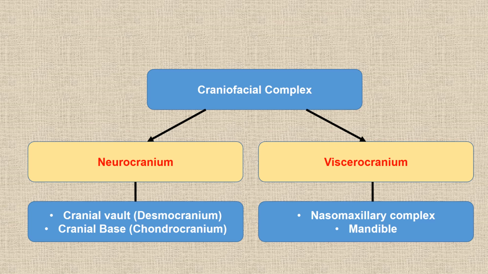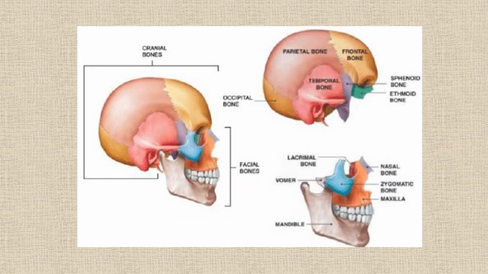The Viscerocranium consists of the Nasomaxillary complex and the mandible. Here is a diagrammatic representation of the skull, and this portion of the skull is what is known as the neurocranium, and this portion is known as the facial skeleton.